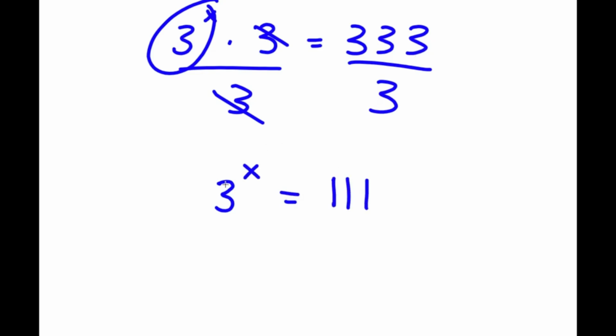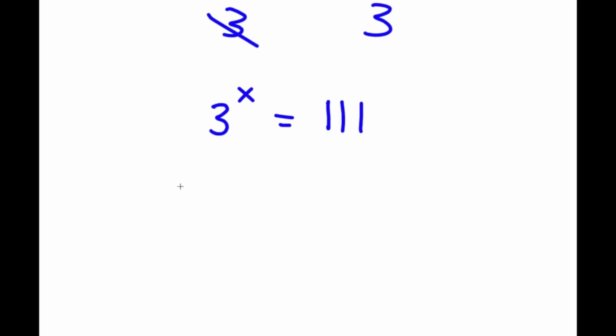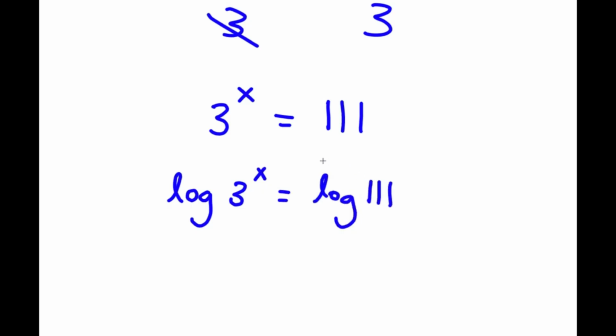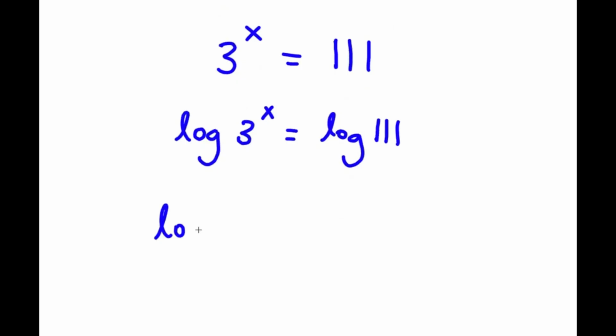So now I got this equation, 3 to the power of x is equal to 111. So to solve this, what I'm going to do is take the log on both sides. So now I have log 3 to the power of x is equal to log 111. Now, if I have something in the form log a to the power of b, I can actually move this exponent b to the front.